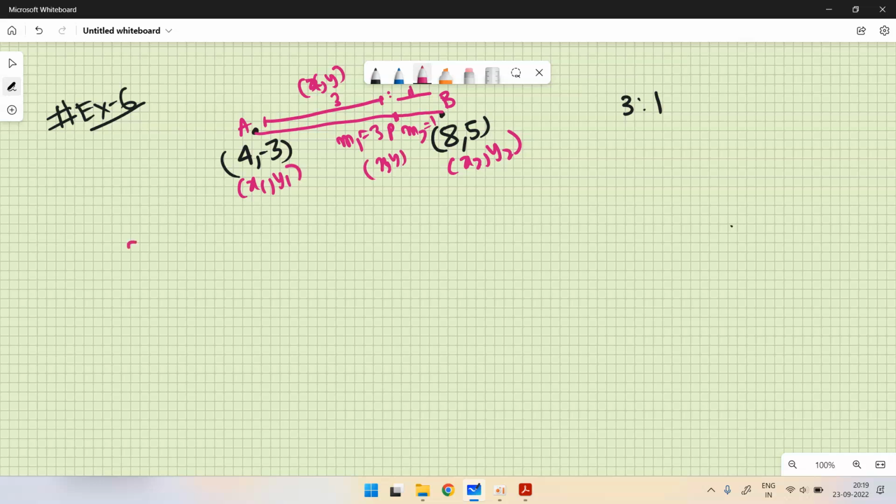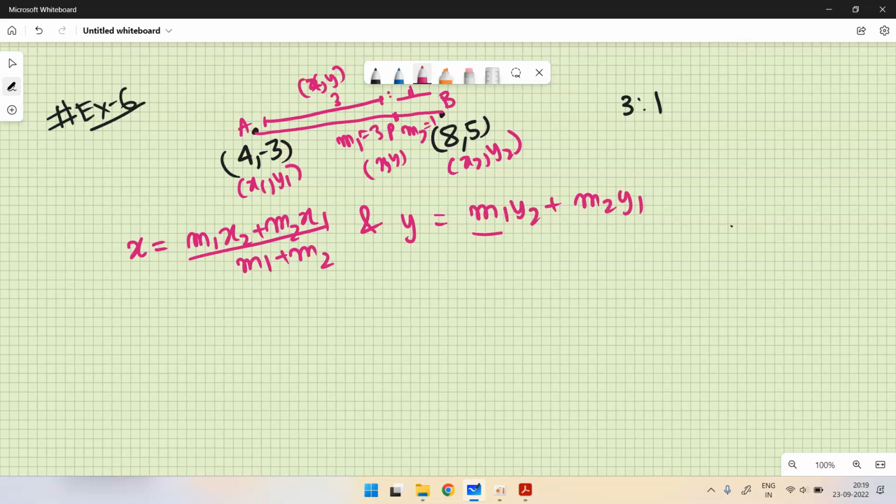Now applying the formula, x equals (m1 x2 + m2 x1) by (m1 + m2), and y equals (m1 y2 + m2 y1) by (m1 + m2).